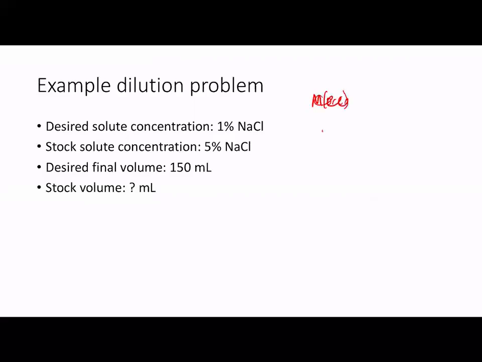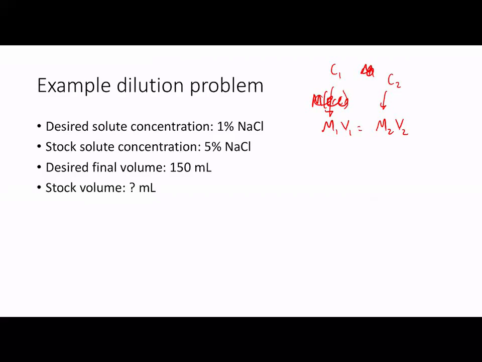I'll just write M1V1 equals M2V2. You could also substitute in C1 or C2. I believe in lecture we teach it as C1V1 equals C2V2. It doesn't matter. It's just a letter indicating the concentration.